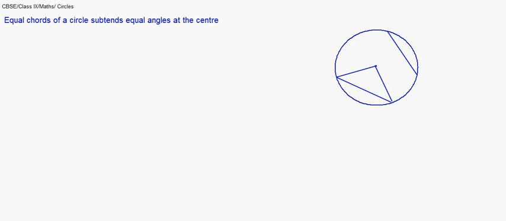I'll name them later on as well. I name the center as O. Let me mark the chords to be A, B, and this to be C, D. We have to prove that these two angles formed at the center by these equal chords are equal.